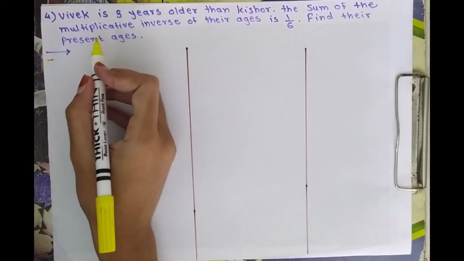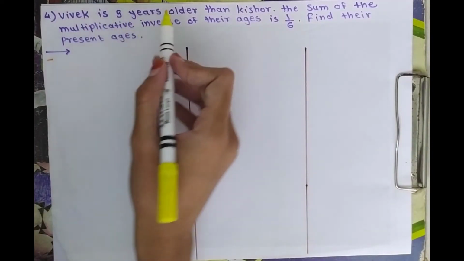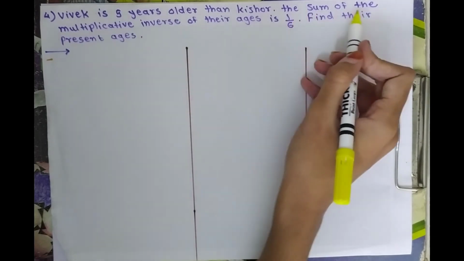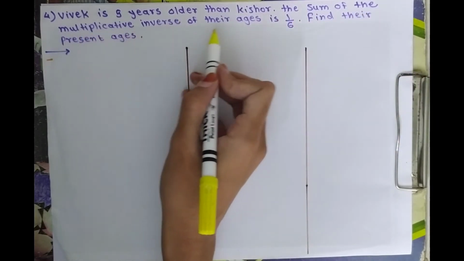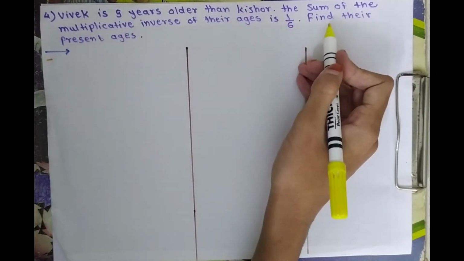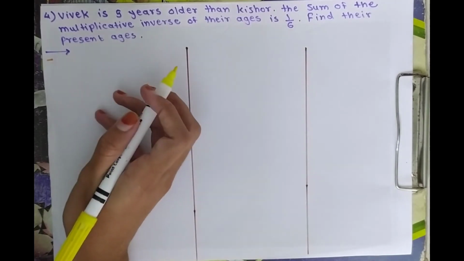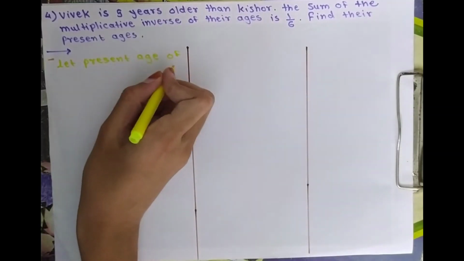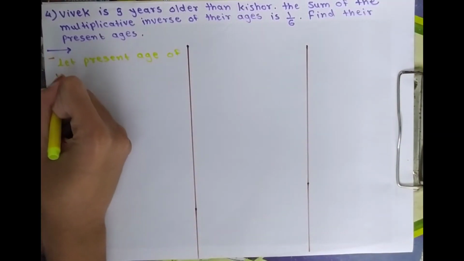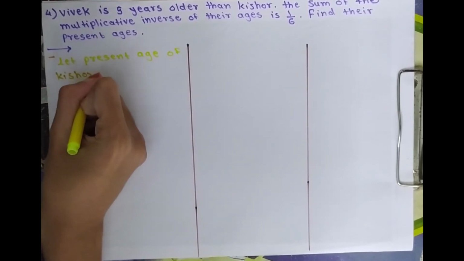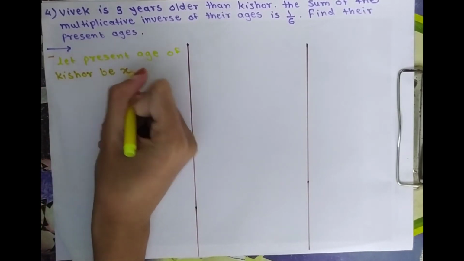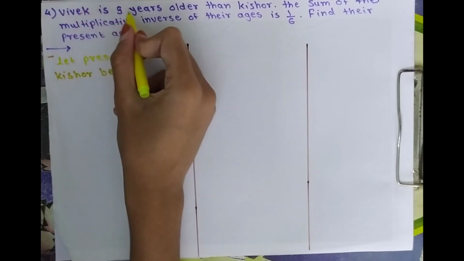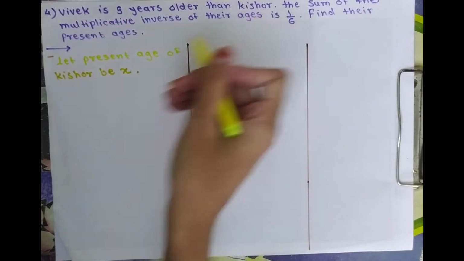Okay. So question number 4 is: Vivek is 5 years older than Kishore. The sum of the multiplicative inverse of their ages is 1 upon 6. Find their present ages. So let the present age of Kishore be x. Then Vivek is 5 years older than Kishore.